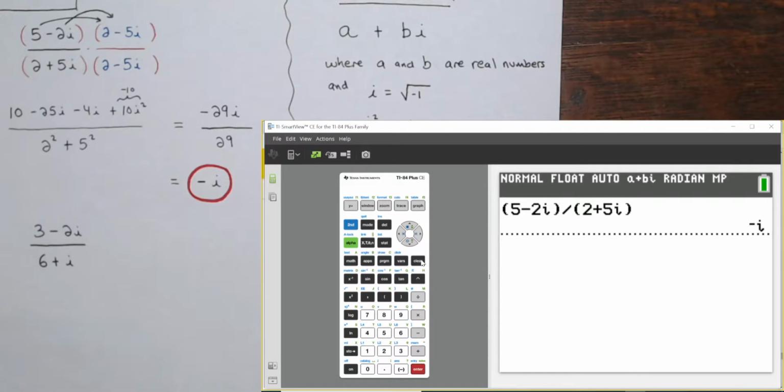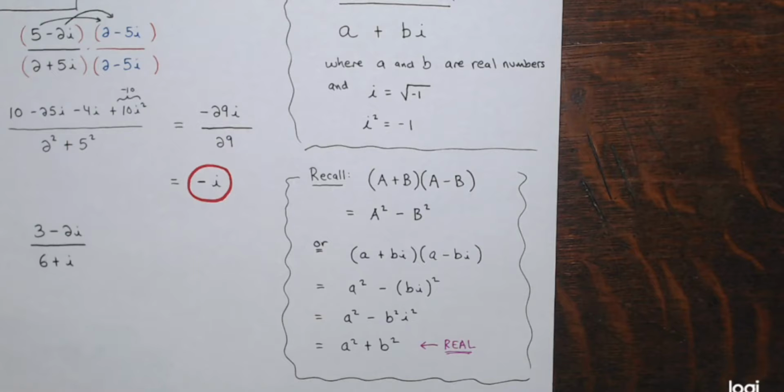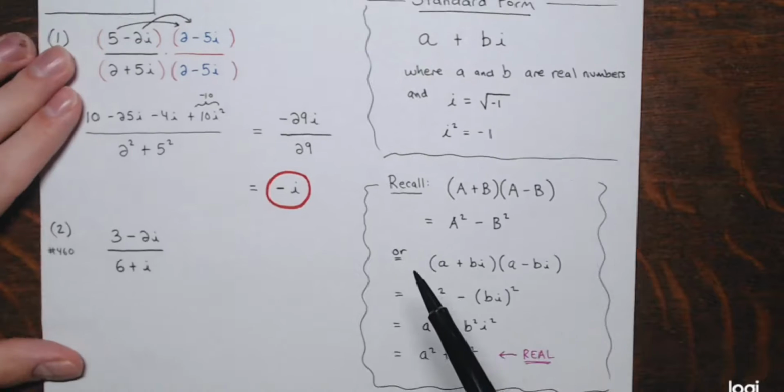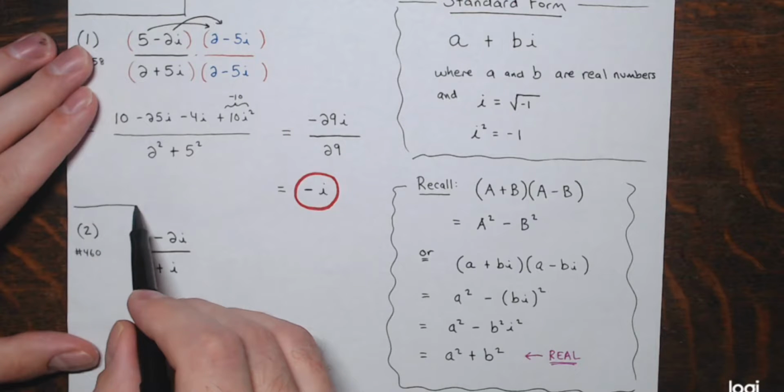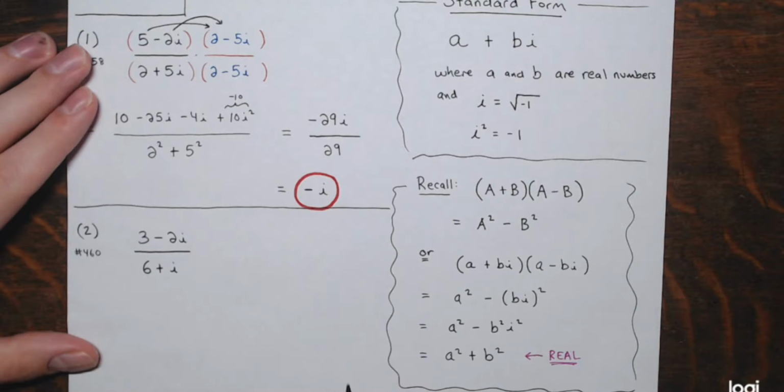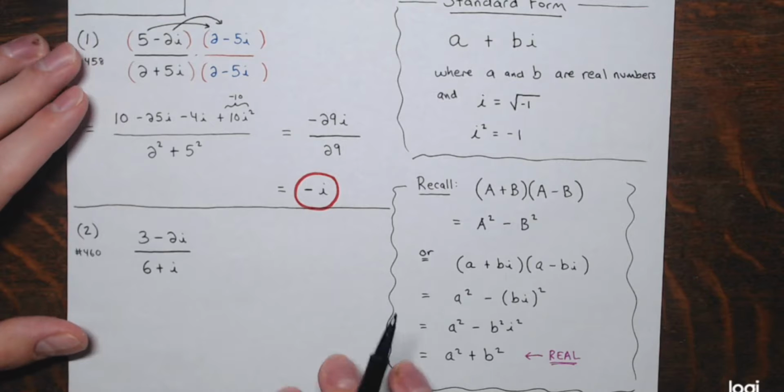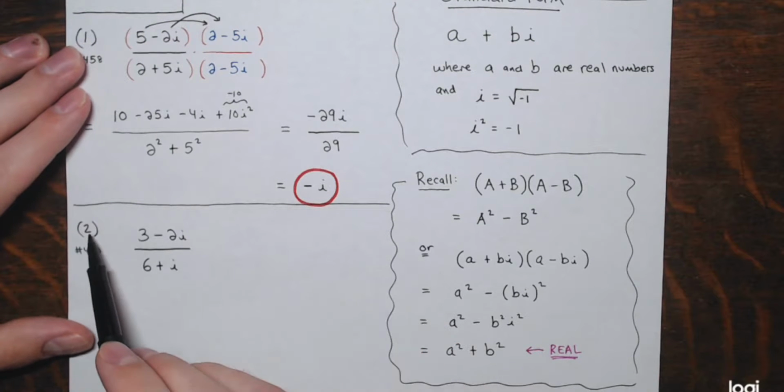Fantastic. Alright, and I'm only going to use this calculator to check the first two questions, just this first page here, and I'll leave the rest to you. Okay, great. Next question. Alright, so number 2 is exercise 460 in the text.